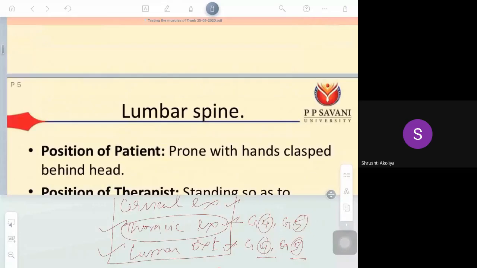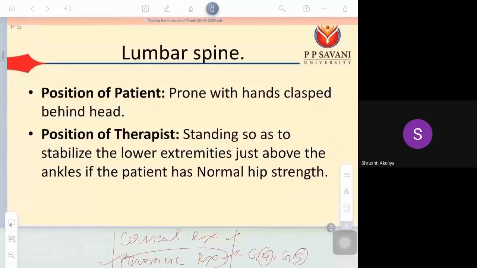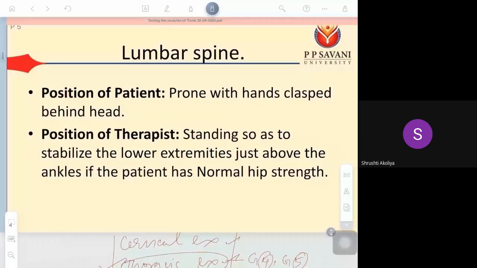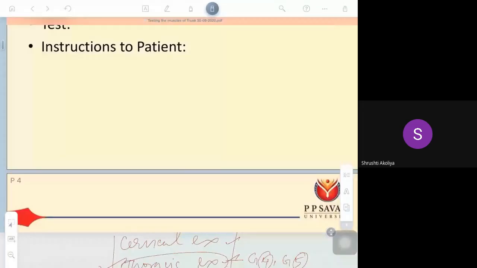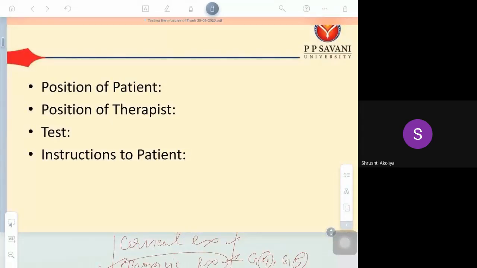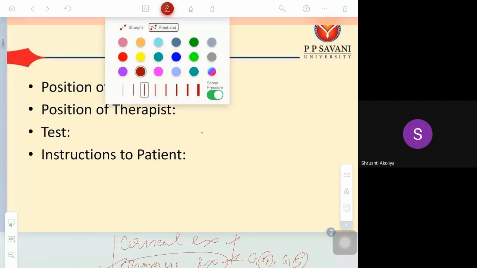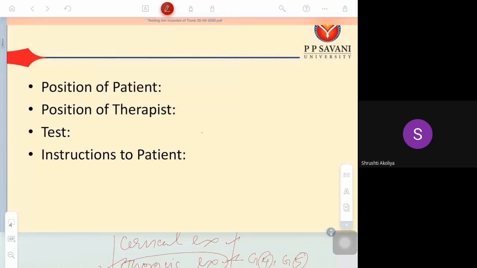Now first we will discuss the lumbar spine. I have told we will be discussing 4 points: position of patient, position of therapist, how we will perform the test, and what instructions we will give to the patient.